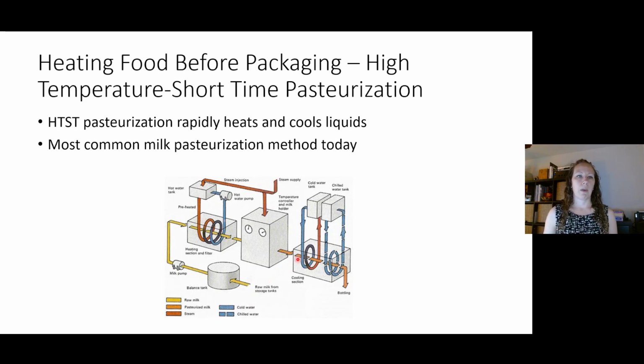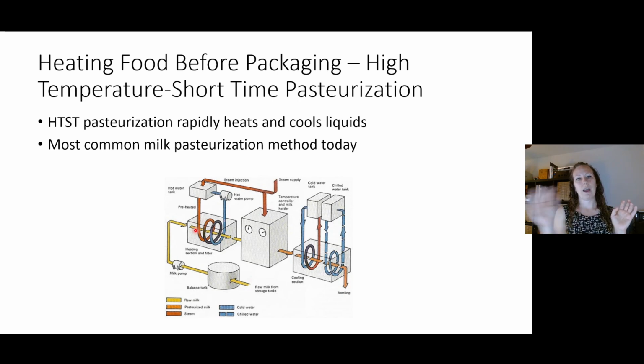So the second method of heating food before packaging is called high temperature short time, or HTST. And it's also pasteurization. The milk comes in raw from the storage tanks. It is pumped through smaller piping, and that piping is jacketed in high heat.